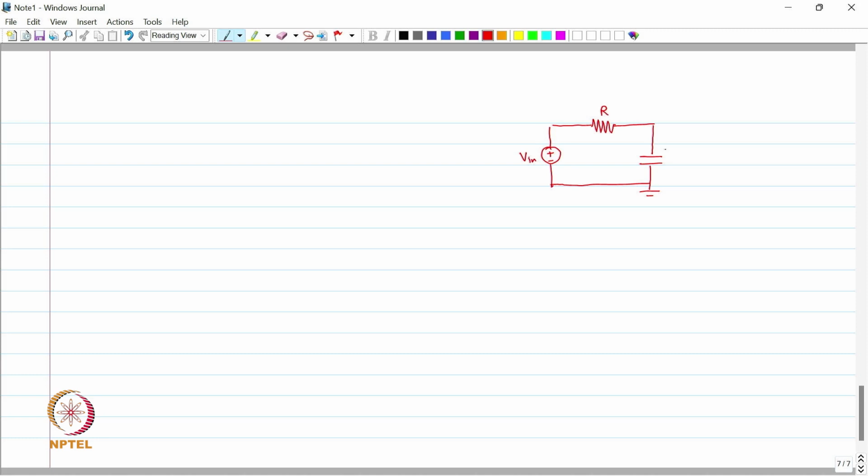This is R, this is C. This node is V out, and this is V in on the input node, and this is ground.